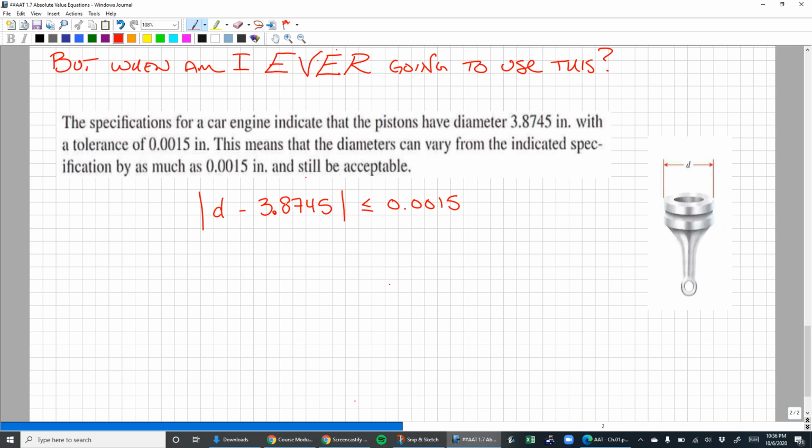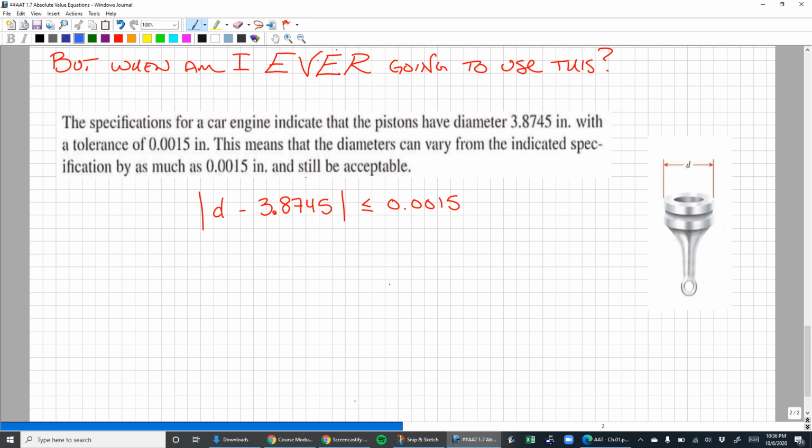Okay? What we're doing right here on the left side is saying the difference between what we know should be the value and what any particular piston is in its diameter has to be less than or equal to the tolerance over on the other side, which is 0.0015.